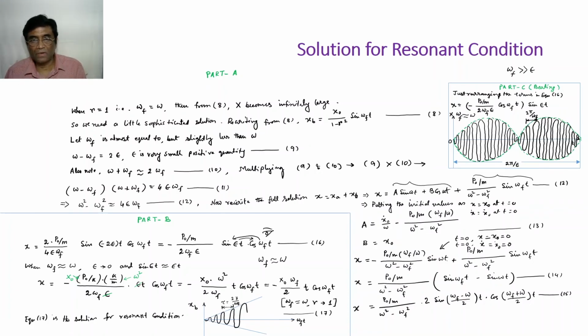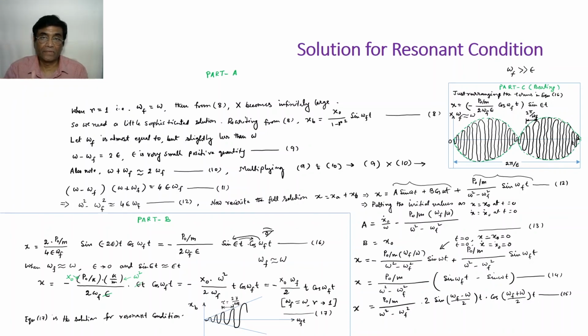So that's all I wanted to share with you. These are two very important phenomena for the mass spring model when it is excited by an external forcing function. One is the resonant condition, another is the beating condition, because you never know what omega f is.